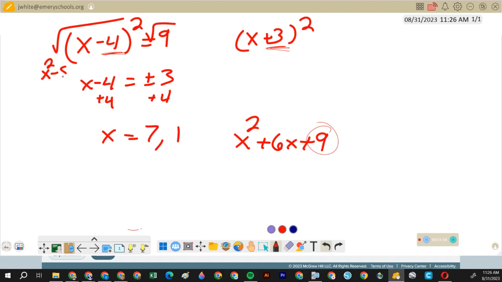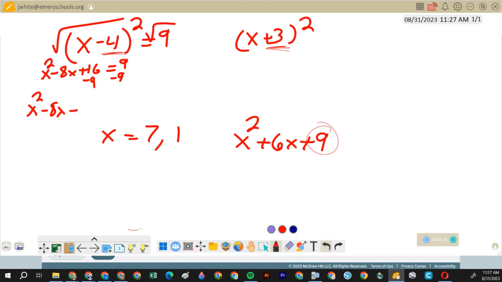X squared minus 8x plus 16 equals 9. And now I bring the 9 over, and I get x squared minus 8x plus 7, which gives me x minus 7 and x minus 1. And what do you notice? It's the same answer.